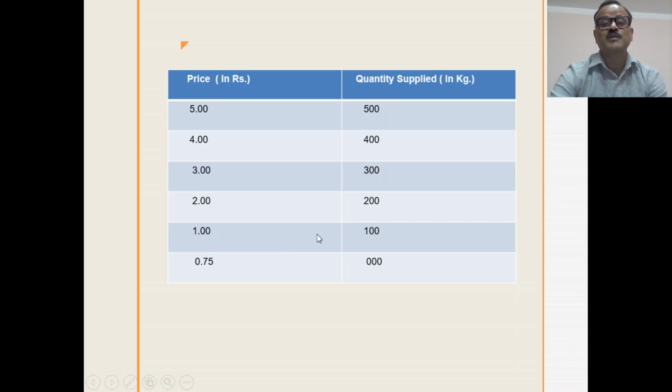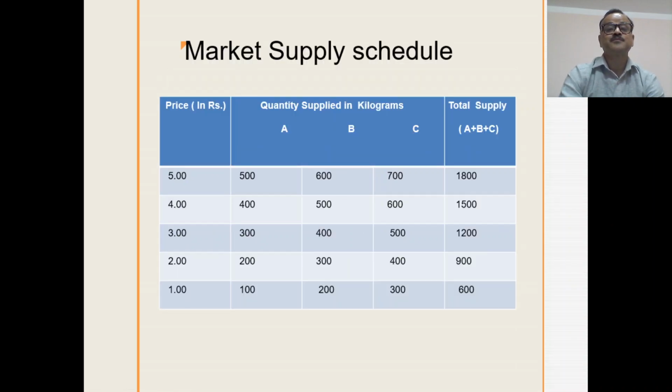If the price is 1 rupee, quantity supplied is 100. So at a high price, high quantity is supplied; at a low price, low quantity is supplied. This is the supply schedule, represented by means of a table.